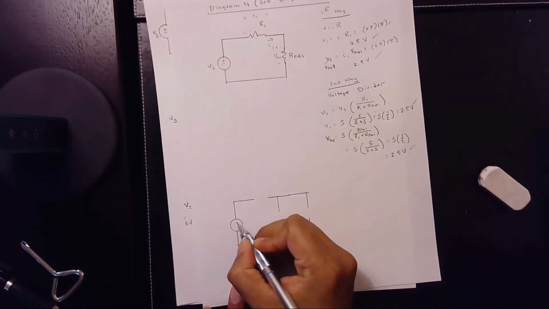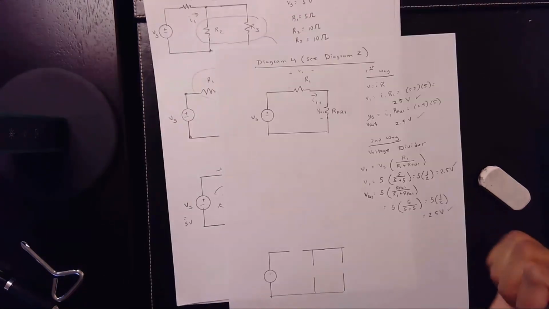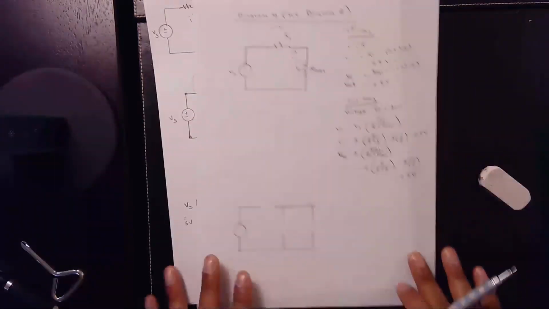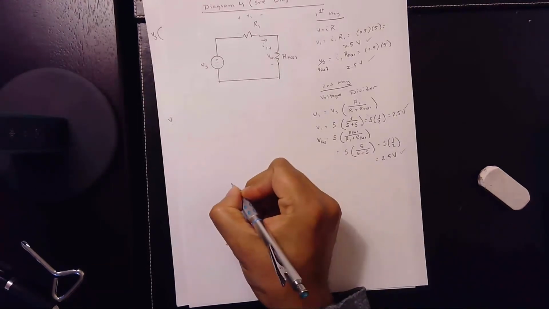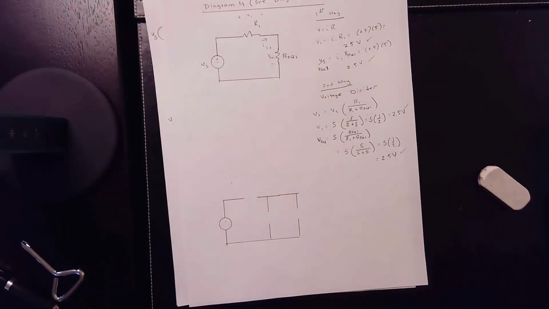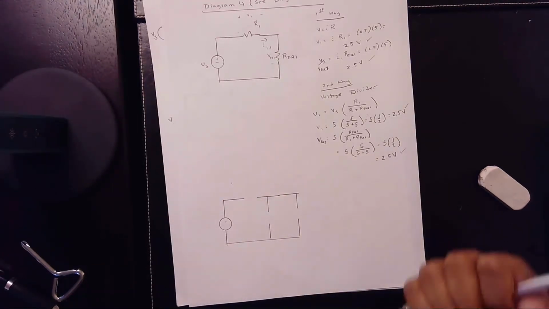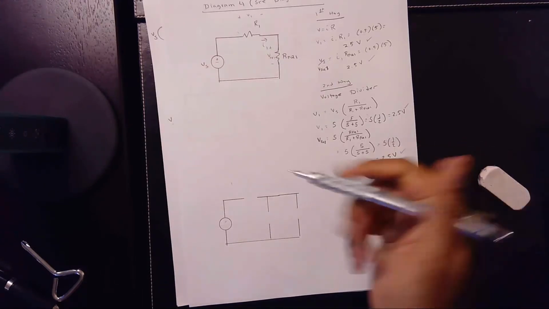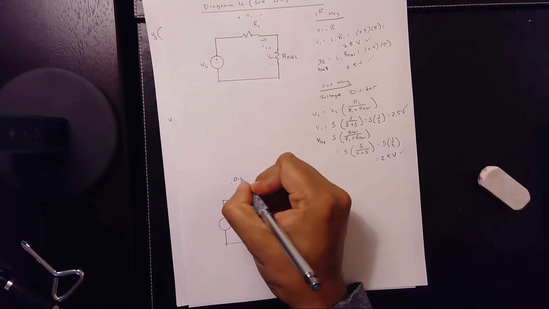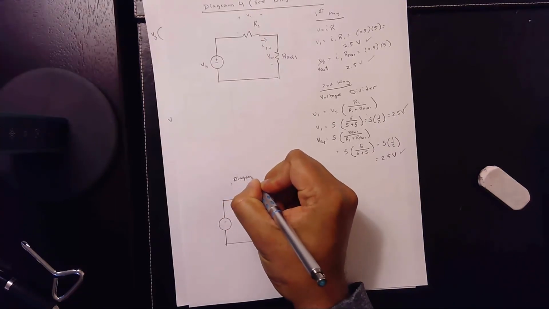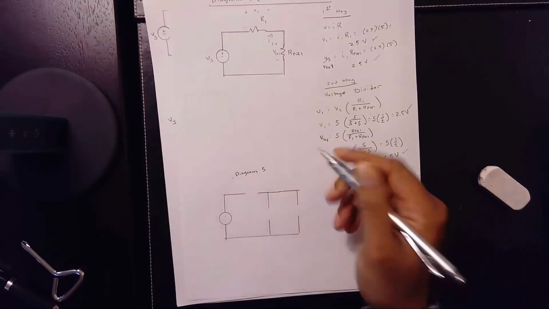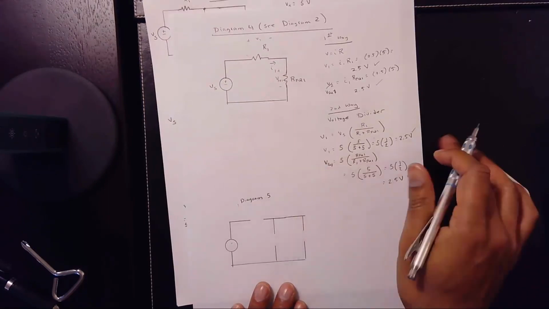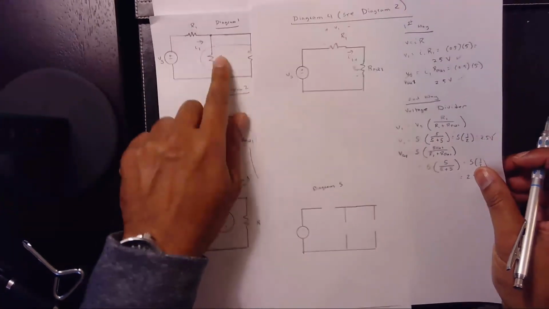So again, we have this diagram, which is diagram 1. So we're going to write in diagram 5 is going to be what? Diagram 1, which is here.